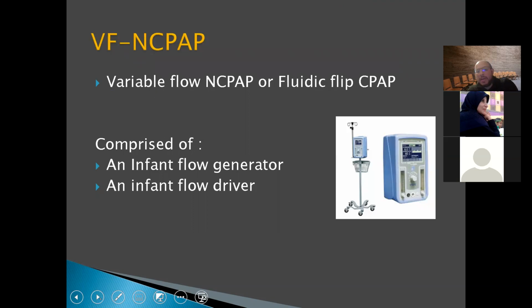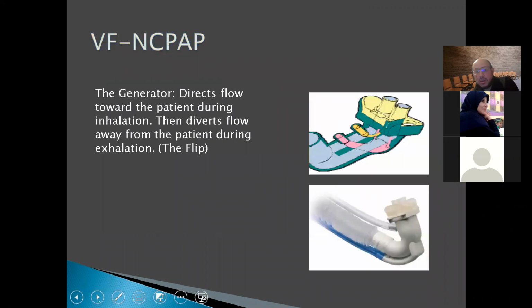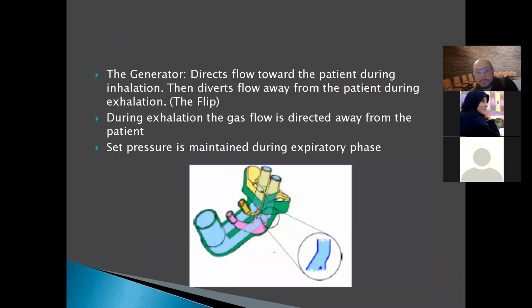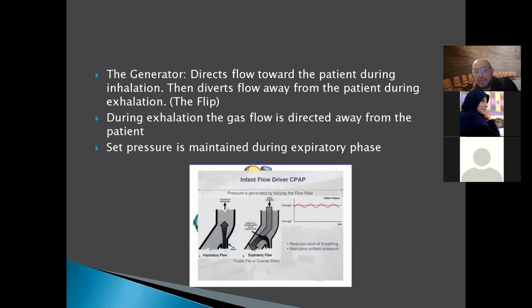The variable flow CPAP, you see how fancy, how beautiful it looks. Expensive. The way it works is that during inspiration the flow goes in and does not interfere with the baby's breath, so when the baby takes a deep breath, it is taken together.